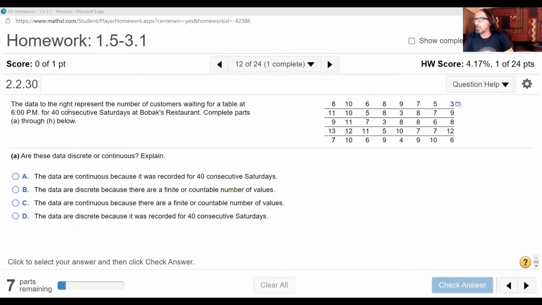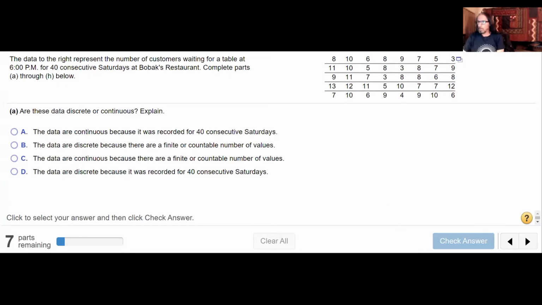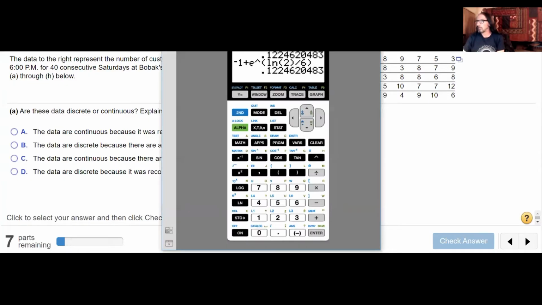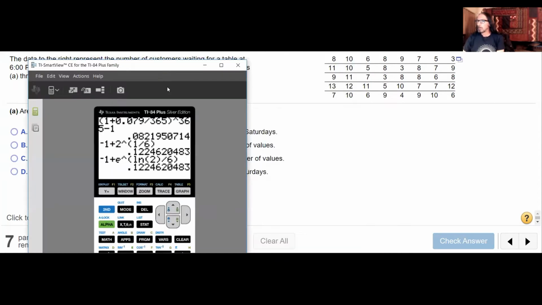We're given data on the number of customers waiting for a table at 6 p.m. for 40 consecutive Saturdays. And that data is, since we can, one, count, and two, there is a smallest distance between two scores.